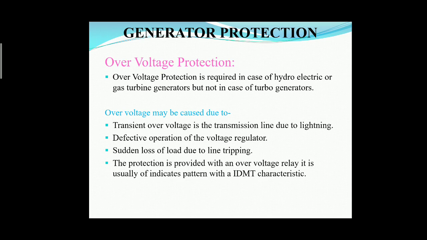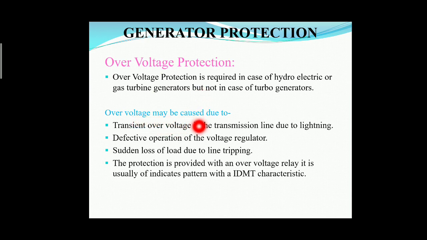An over voltage condition occurs in the power supply due to faults inside the supply. Over voltage protection is required in the case of hydroelectric or gas turbo generators, but not in the case of turbo generators.